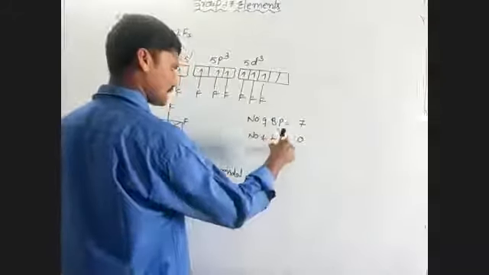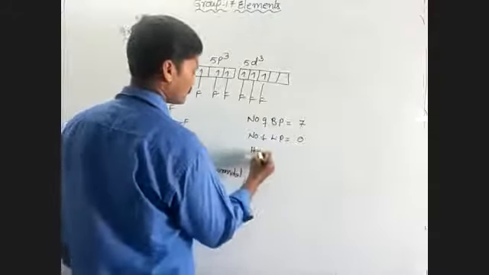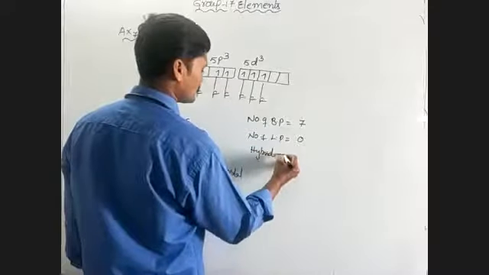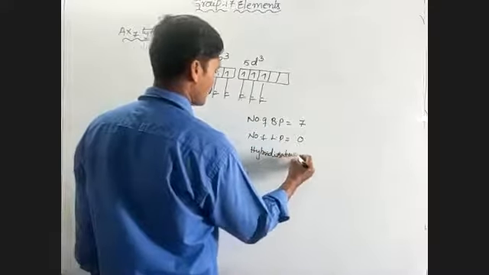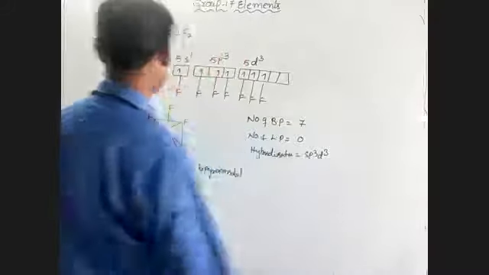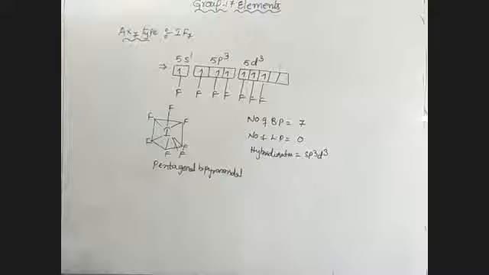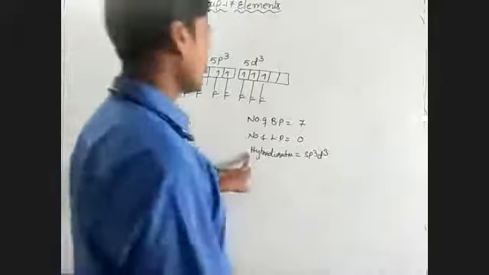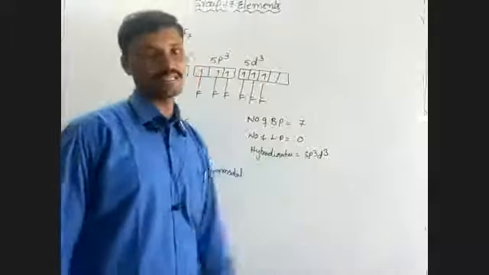Total number of electron pairs is also 7. So the hybridization of iodine in this IF7 is sp3d3.